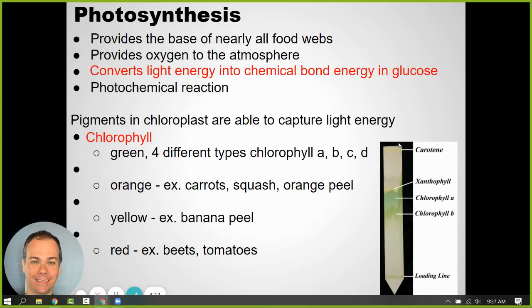Chlorophyll can absorb certain wavelengths of light, because white light from the sun is actually made of all of the different wavelengths of light combined. And so different pigments can absorb different parts of that spectrum. So chlorophyll is the dominant one. That's why most of the time when you look at the leaves of trees around here, they're green. That's because chlorophyll is the dominant pigment.